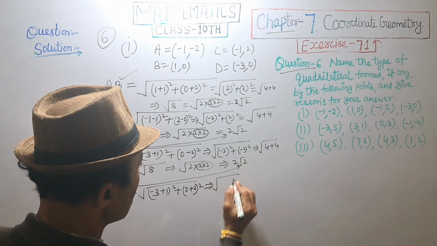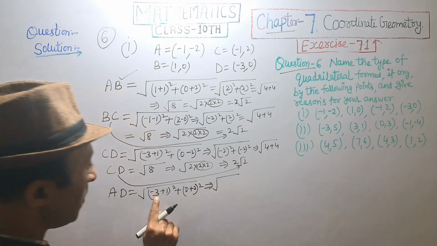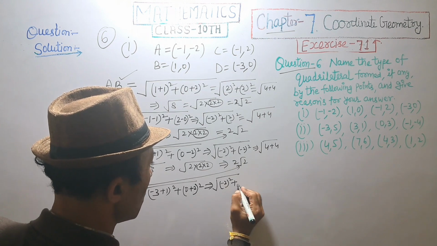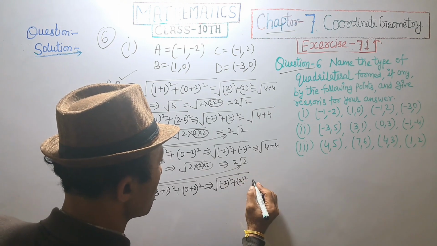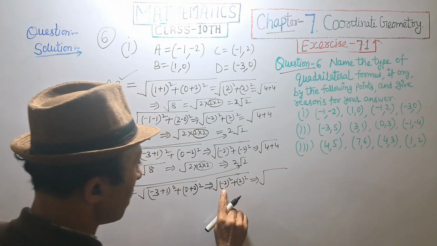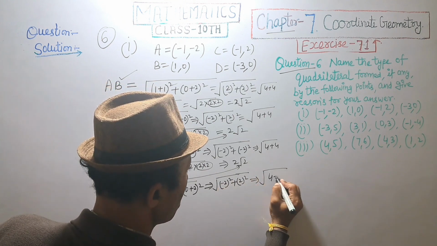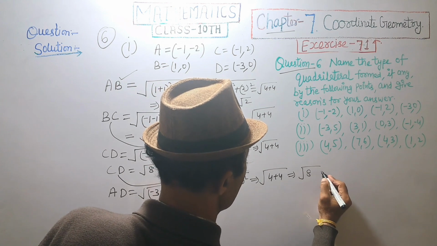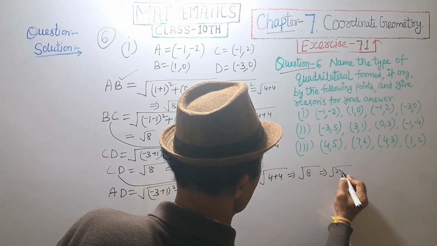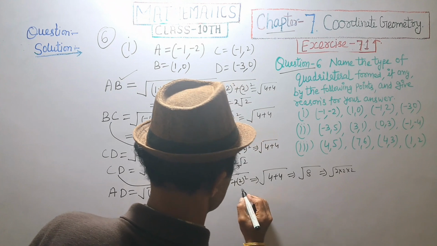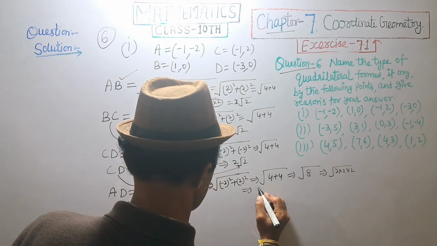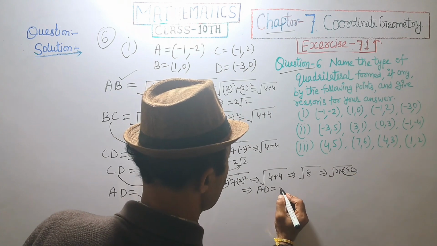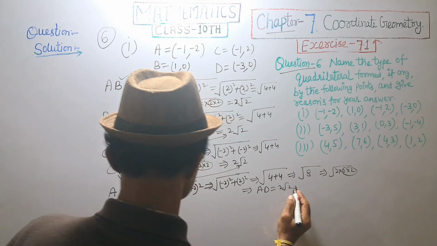This implies under root of (minus 2) raised to power 2 plus positive 2 raised to power 2, that gives the value of 2 square as positive 4, plus 4. This implies under root of 8. Under root 8 can be written as 2 under root 2. This implies AD is equal to 2 under root 2.